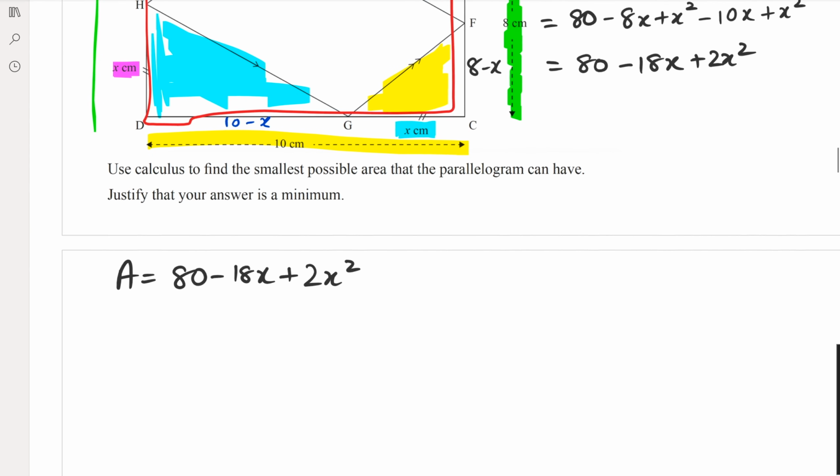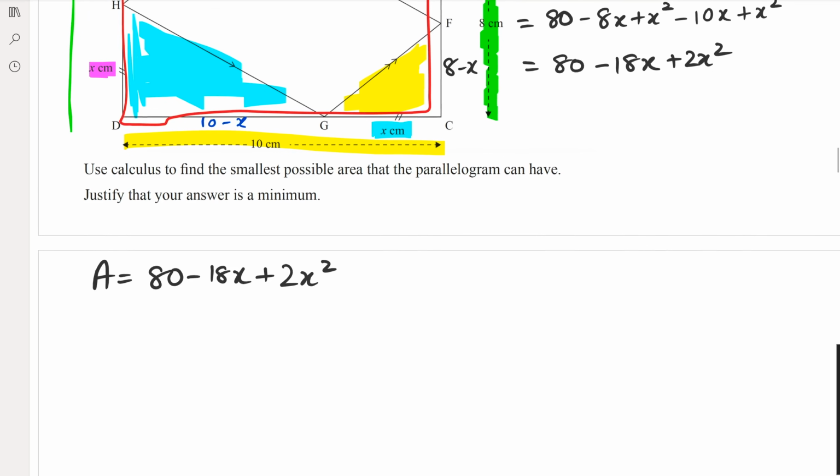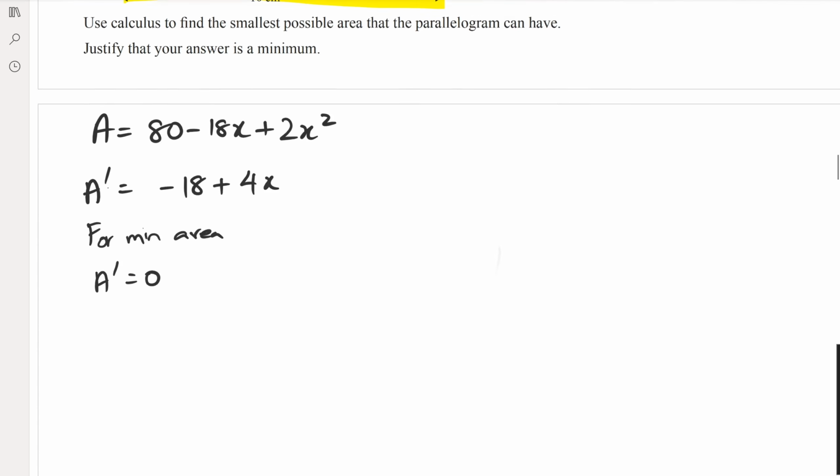So when I differentiate this, that's the area of the parallelogram. So when I differentiate this, I'm going to get negative 18 plus 4x. Now, for the minimum area... Yeah, so smallest area. So for minimum area, the gradient is going to equal 0.